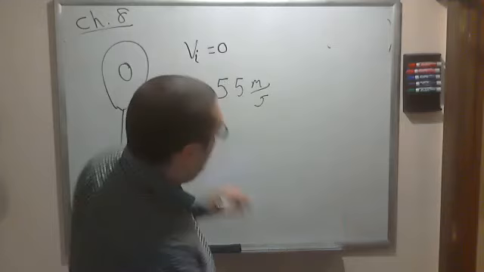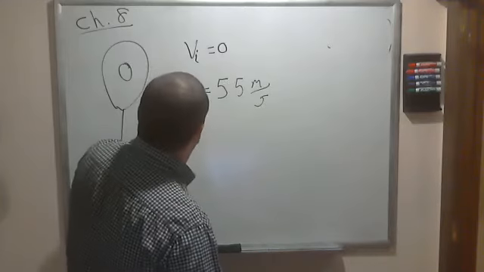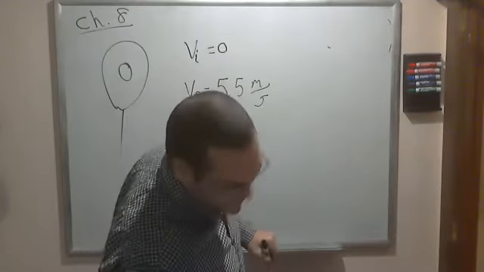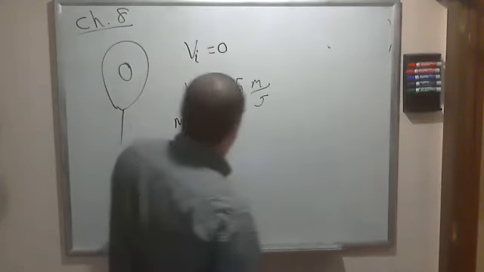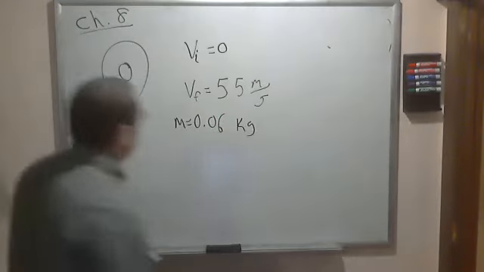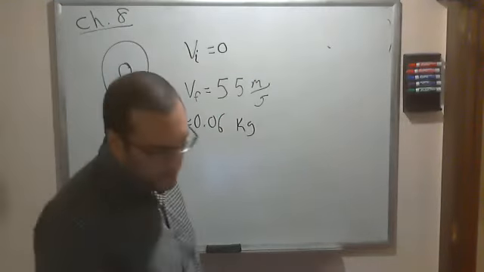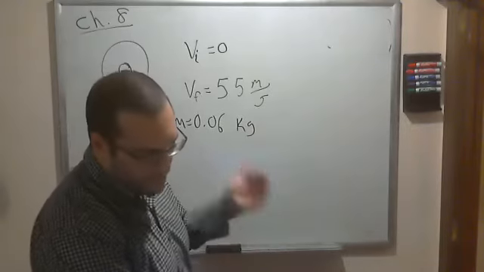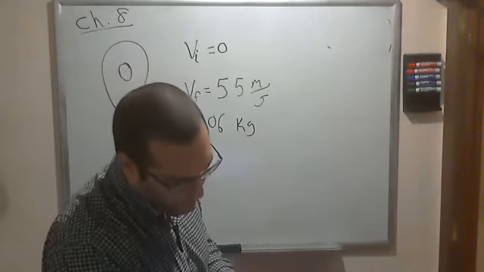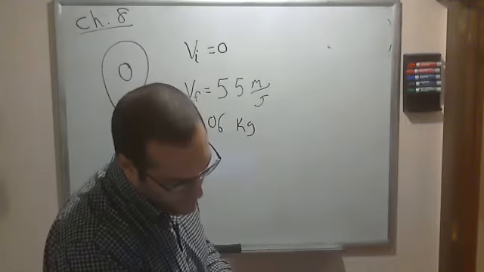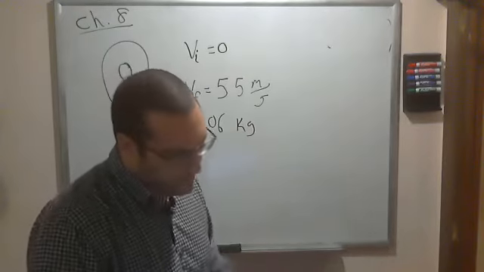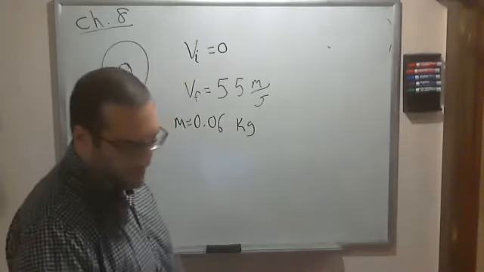The mass of the tennis ball is easily measured, and it's about 0.06 kilograms or 60 grams. The question asks, what's the force on the tennis ball? And then it asks, is this force large enough to lift a 60 kilogram person?